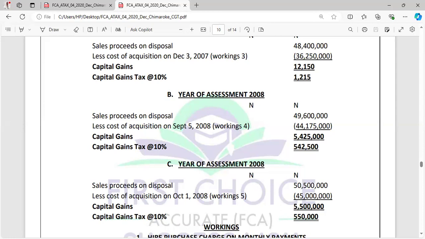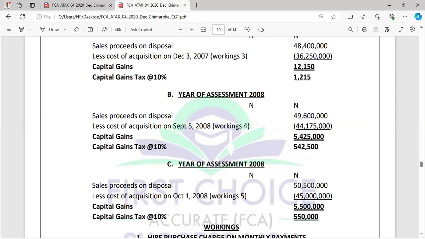Whenever your cost of acquisition is equal to your cash price, you know that you must have finished payment of your hire purchase and you are not dealing with hire purchase conditions. So part C is the same as scenario number one, when the asset was fully disposed of. In part C, we acquired it on hire purchase, but because we have finished paying, hire purchase conditions do not affect us.